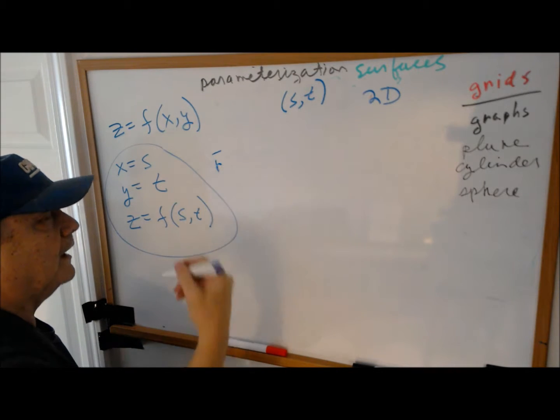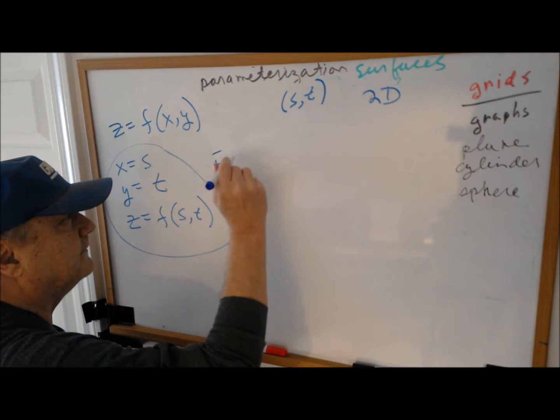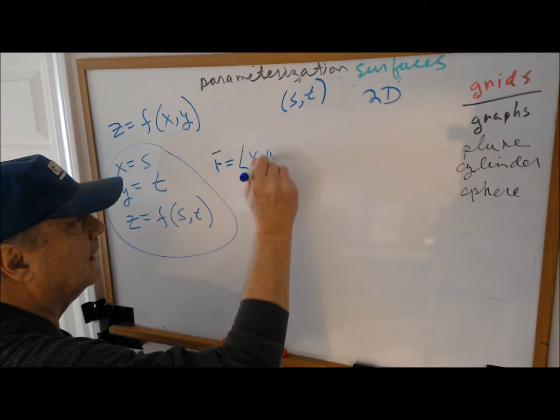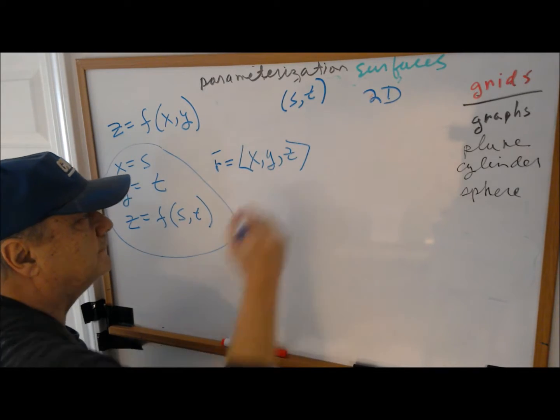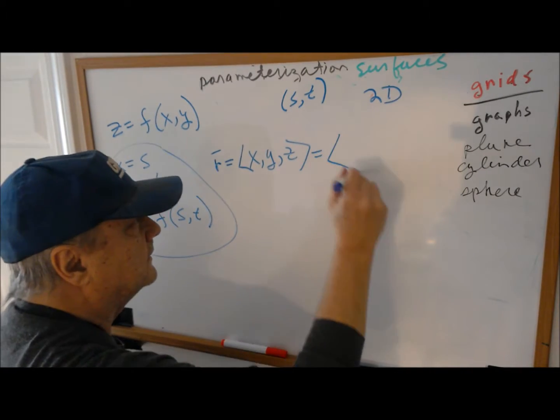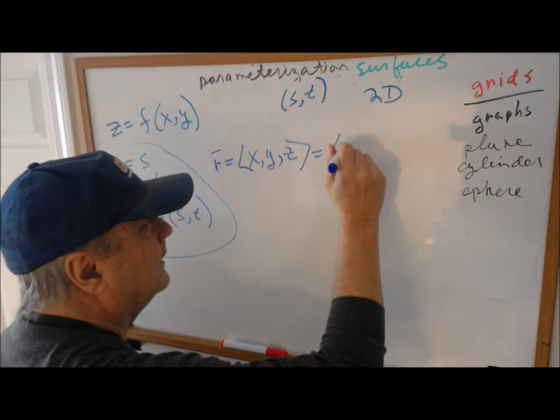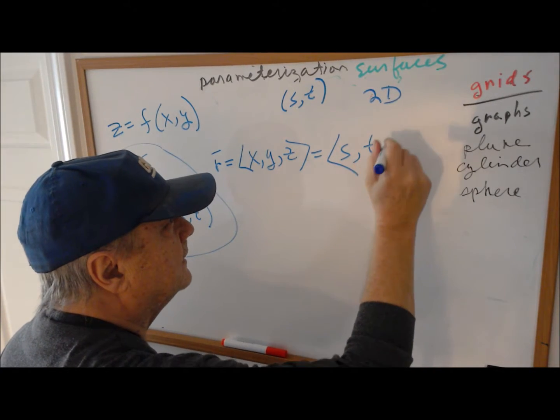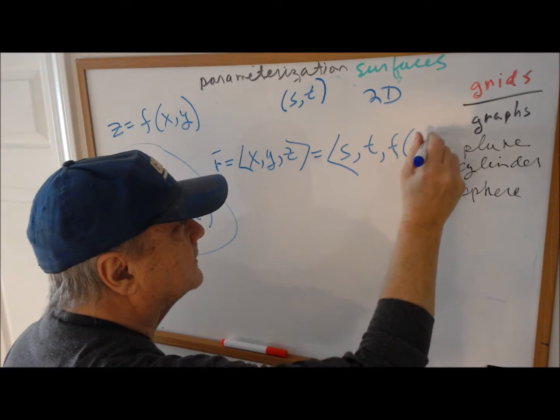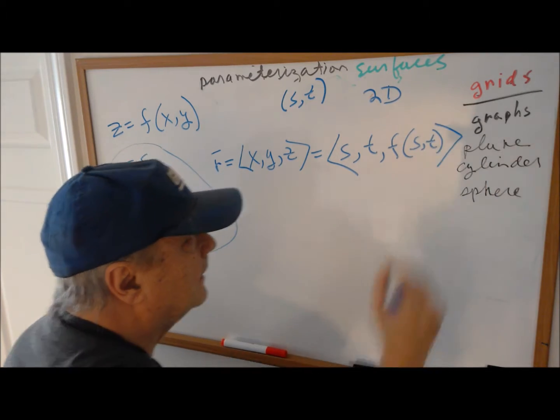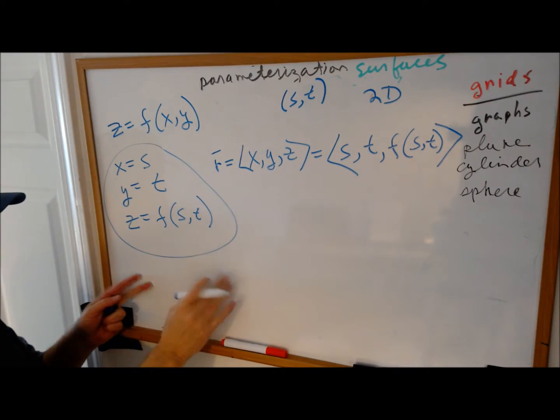So the vector r, the position vector r, is by definition x, y, z. And you can easily see that that's simply s, t, and f of s, t. And again, with the appropriate bounds, we're done.